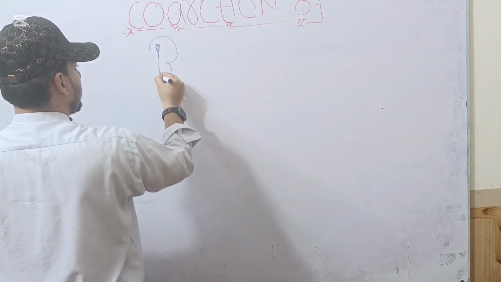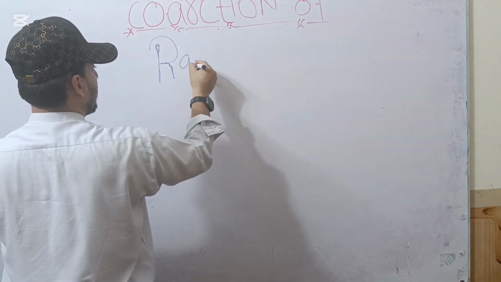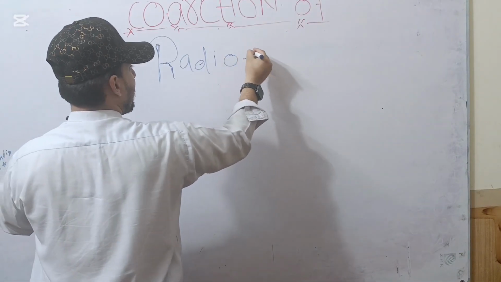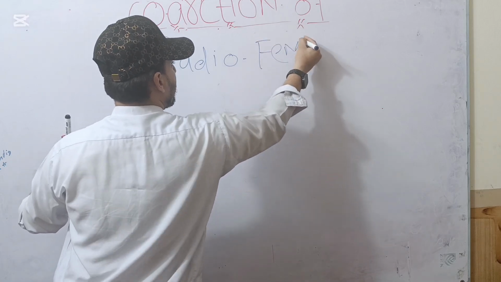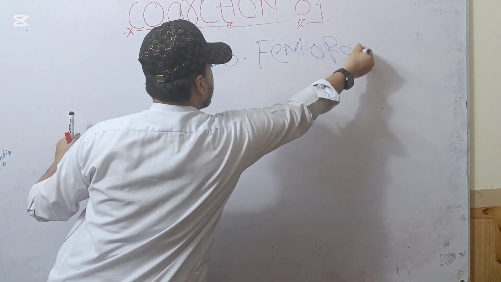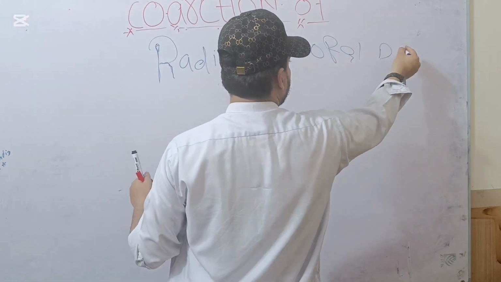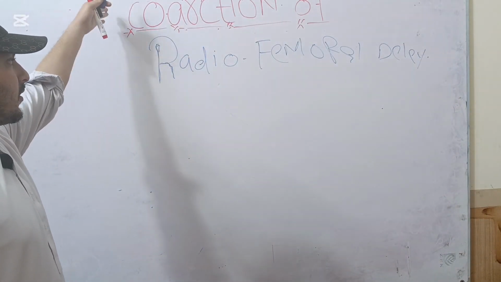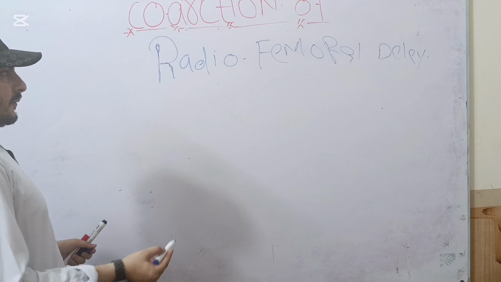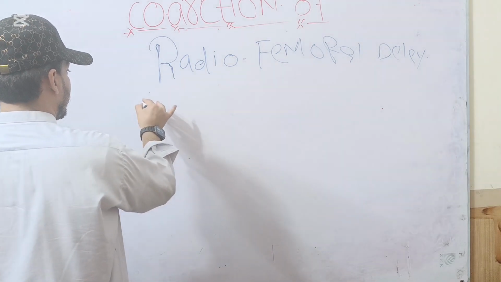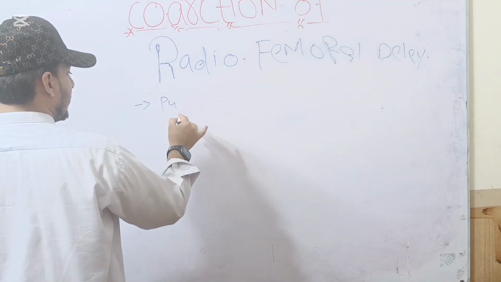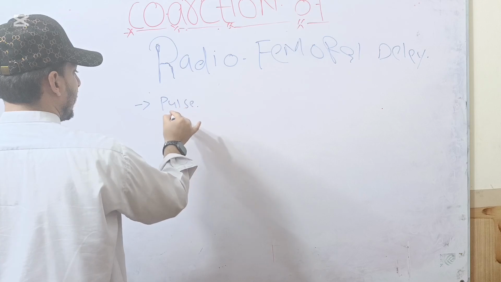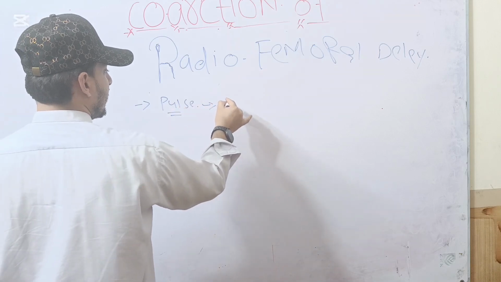In coarctation of aorta, there is radiofemoral delay. If we measure the radial pulse, it is increased.